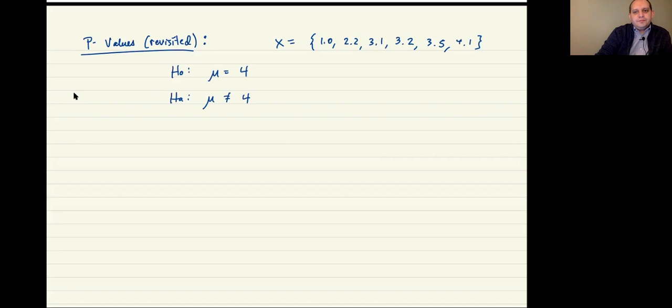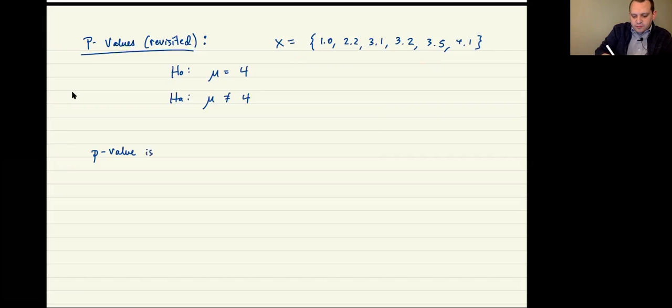And I want to talk about the p-value of our data set. Now, in general, the p-value is not imprecise in the sense that it doesn't mean anything, but it means different things based on the context. So I think that's where the confusion is.